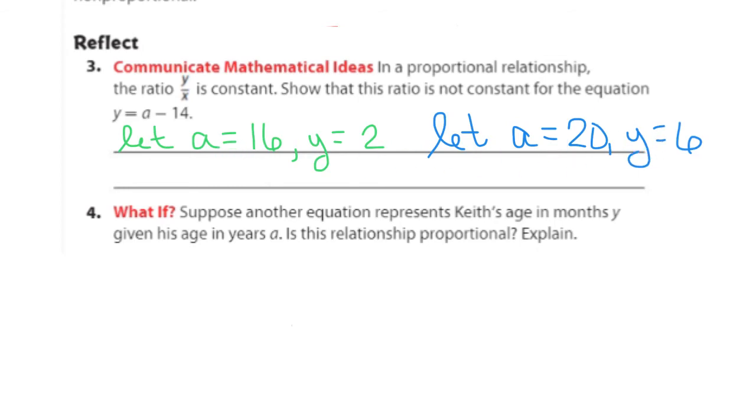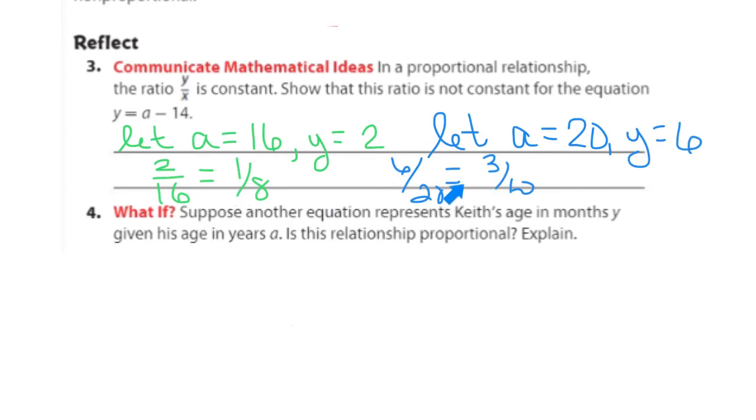So let's take these and find our constants. So 2 divided by 16 is 1/8. 6 divided by 20 is going to be 3/10. Now you can see that the constant of proportionality doesn't work here.